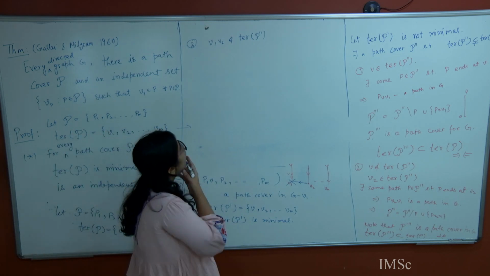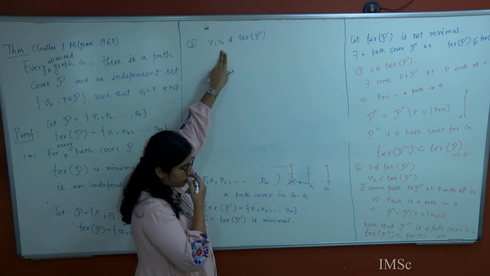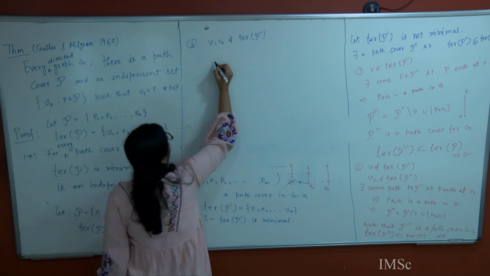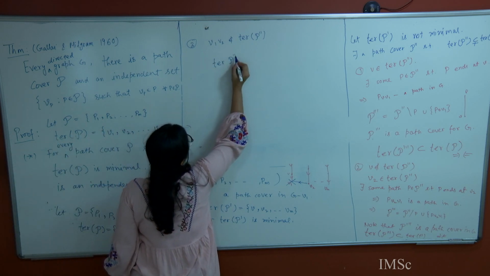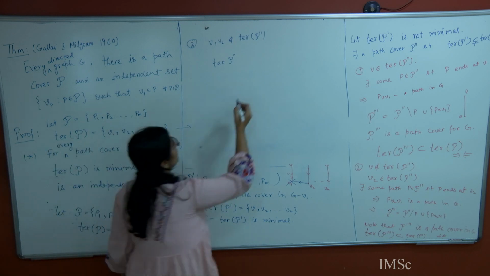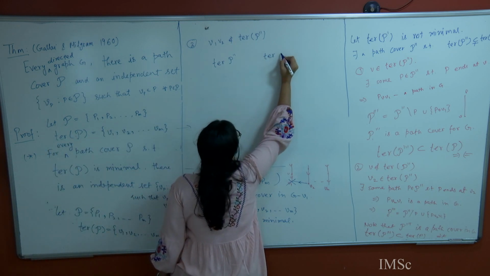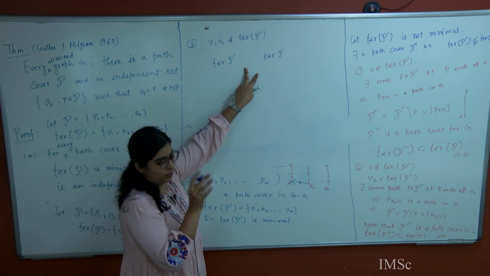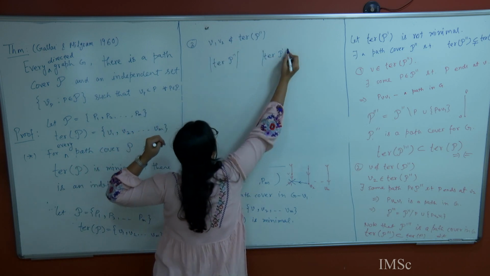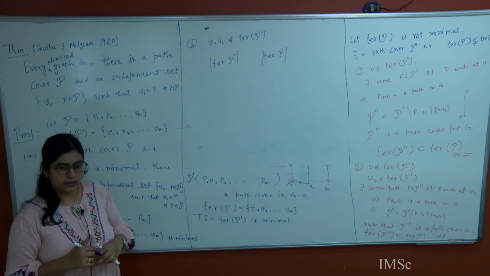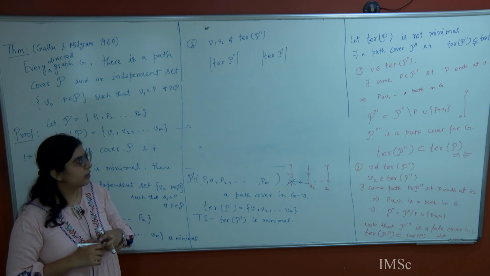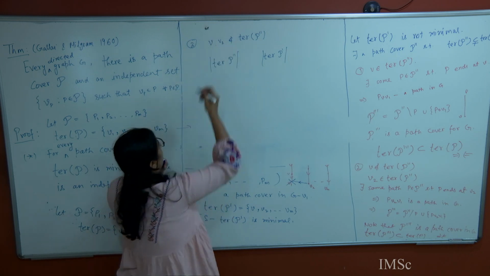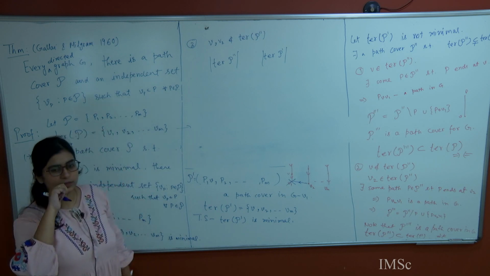In this case, what can you say about the terminal set of P prime, and what is the difference between these two sets? Let's say cardinality. What is the relation between their cardinality? In this P double prime, V and V2 both are not there.